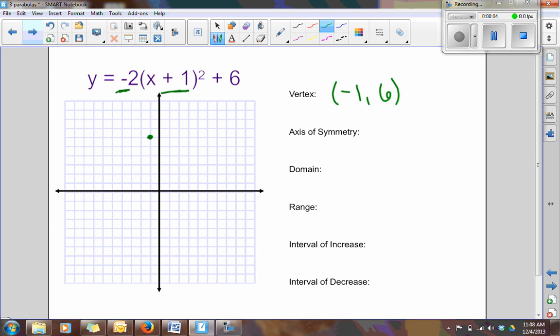What else do we know? A is -2. So instead of going 1 over, 1 down, 2 over, 4 down, and so on, we're going to go twice that. So instead of going 1 over 1 down, we're going to go 1 over 2 down.